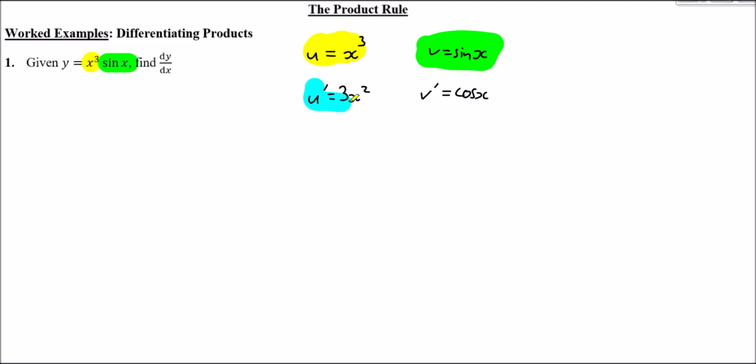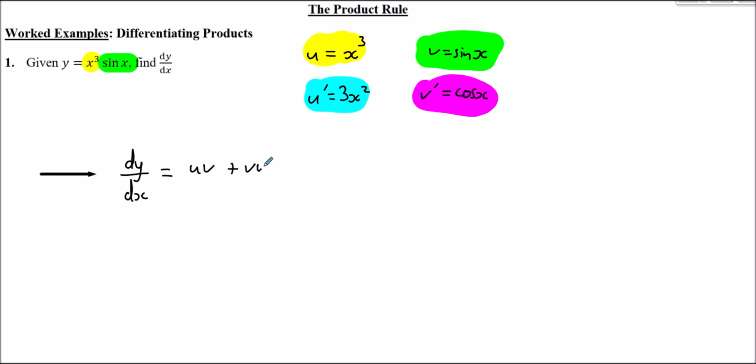So we can now apply this product rule and differentiate this product. Therefore, dy/dx is going to be uv' plus vu'. It's not actually called that by anyone apart from me, but that's how I think of it.